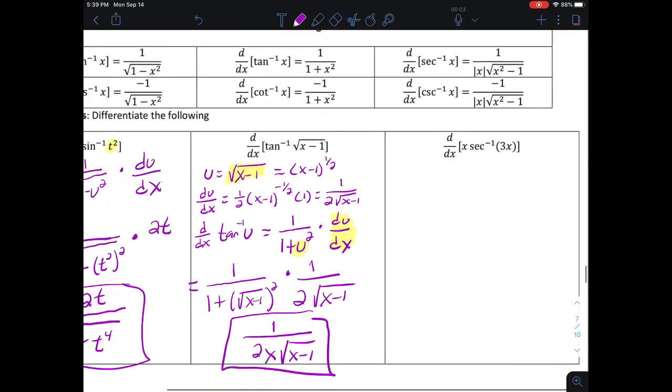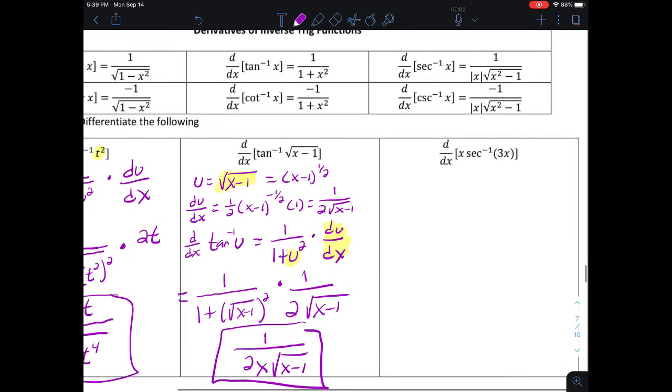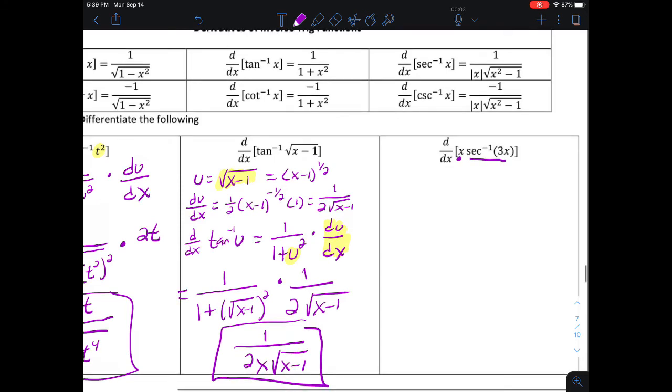Okay, last one here, we want to find the derivative of x times inverse secant of 3x. Now, we actually have to do product rule because I have x times inverse secant. So we would do first times the derivative of the second plus second times the derivative of the first.